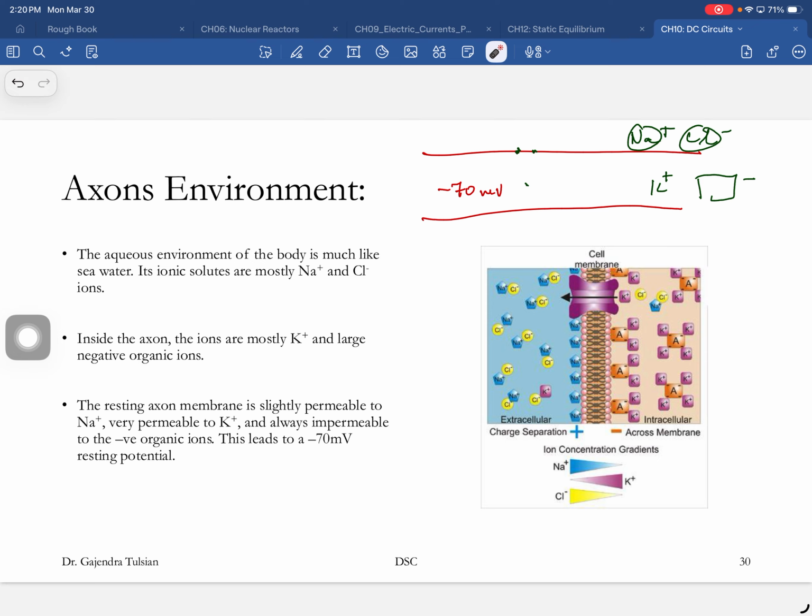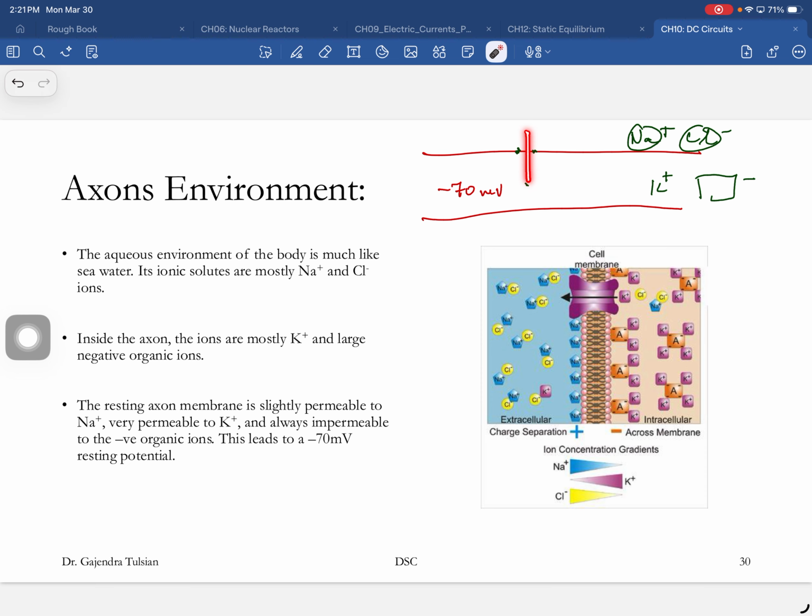Appropriate stimuli change membrane properties locally such that it becomes permeable to sodium ions, leading to an inflow of sodium lasting 2 milliseconds. An inflow of sodium makes the potential there inside the axon plus 20 millivolts. This produces a 30 millivolt peak in the action potential.